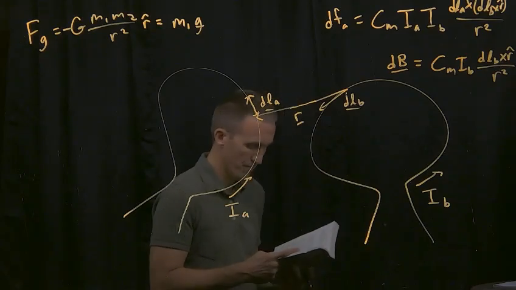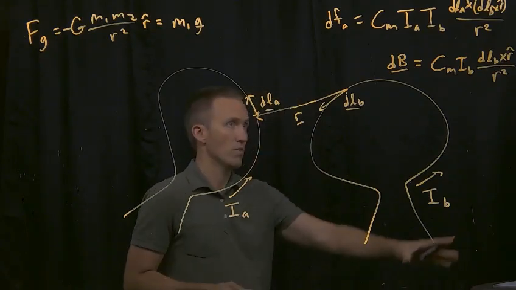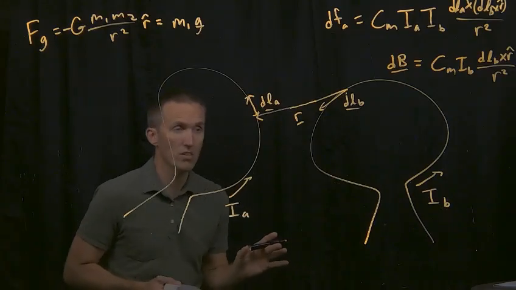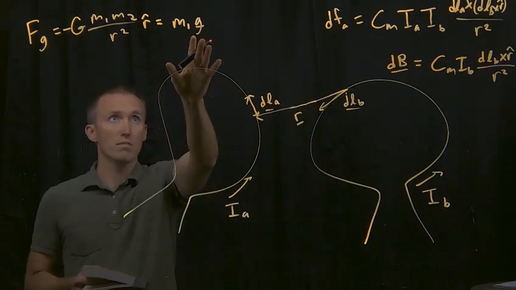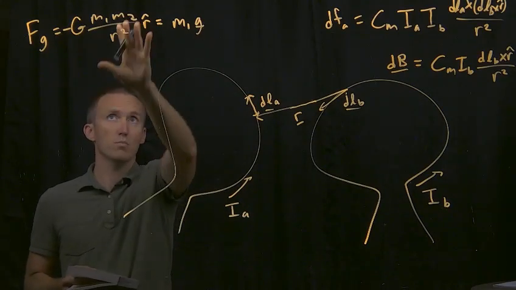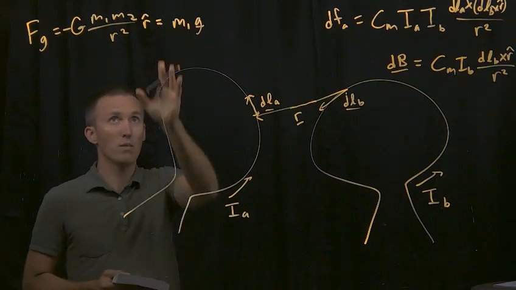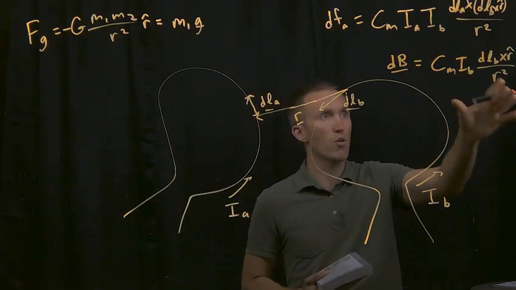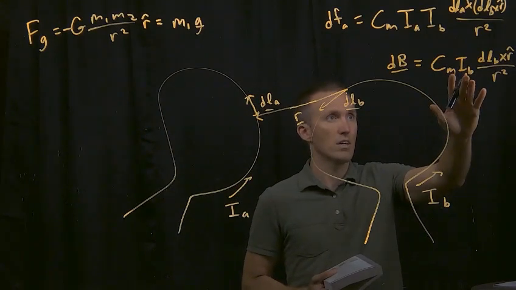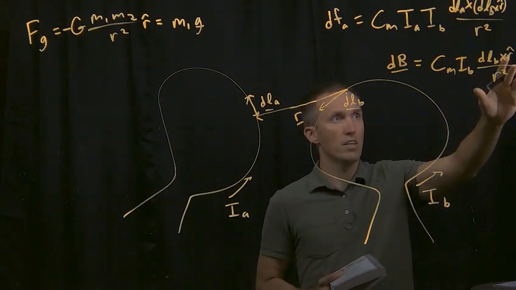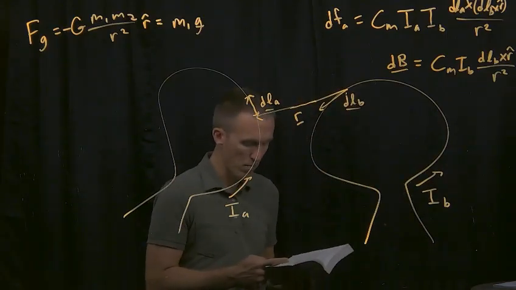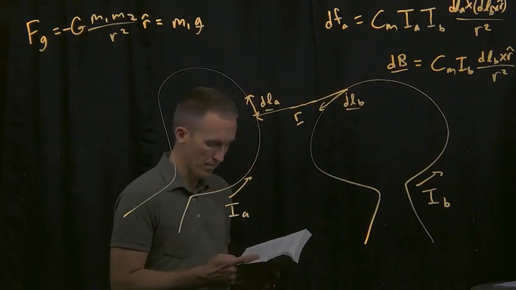Okay, now hopefully you can see this is what our magnetic field is going to look like. If you remember here, our gravity field was capital G times mass 2 divided by r squared times r hat. So that should look very, very similar to what we have here, almost identical. Constant current divided by r squared, and then instead of just r hat, we have dLB cross r hat. So that's going to be our magnetic increment there.